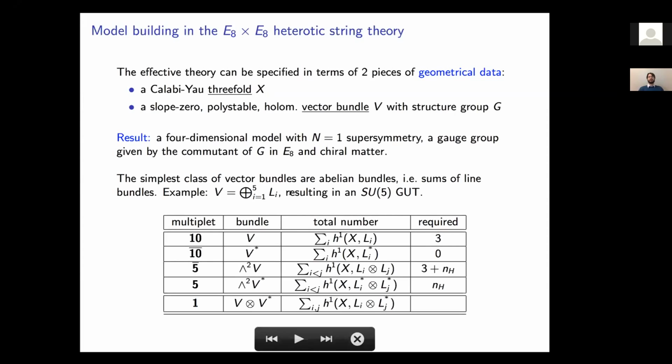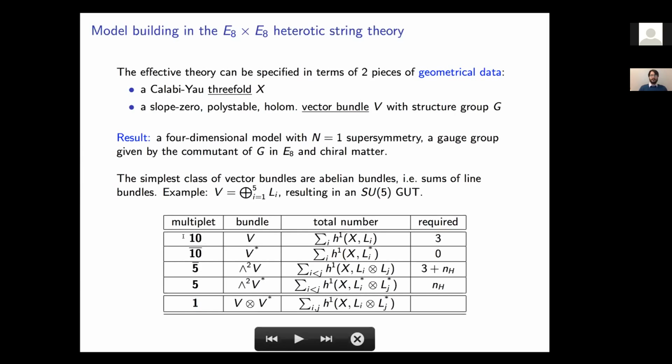For example, if you take a sum of five line bundles, the resulting theory in 4 dimensions is an SU(5) GUT. And then the SU(5) multiplets are in one-to-one correspondence with harmonic representatives of certain cohomology groups.